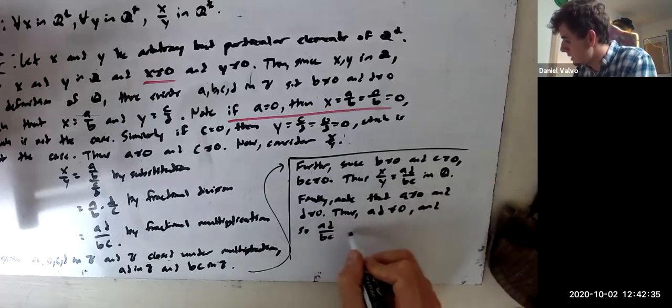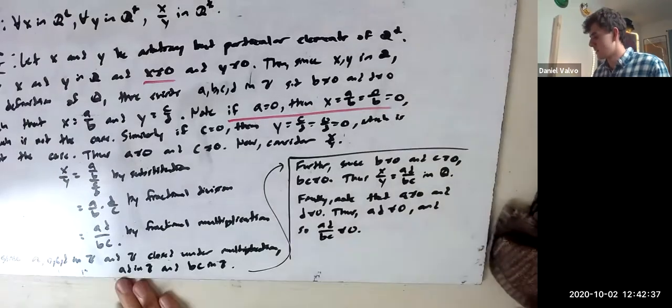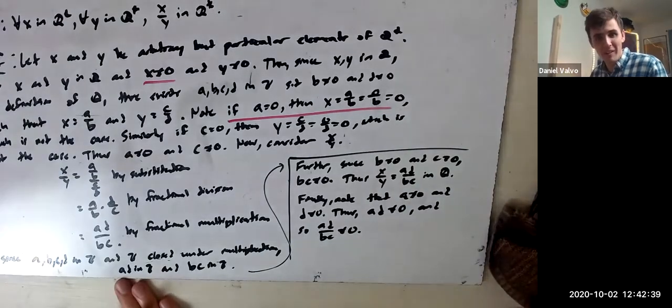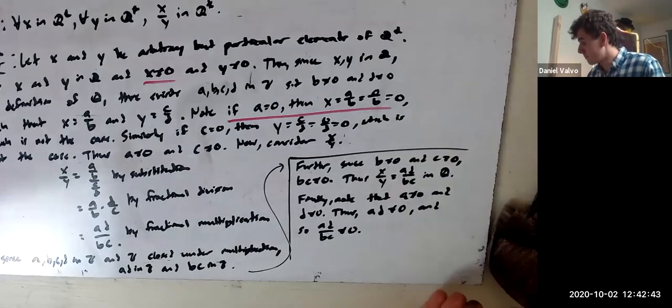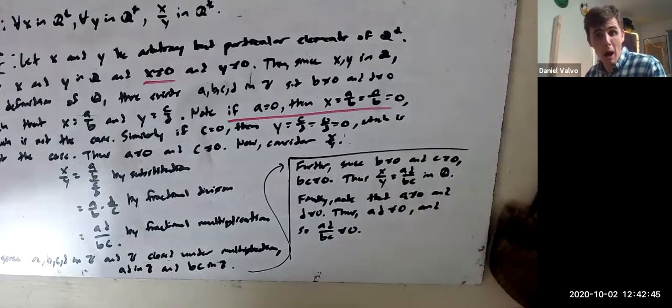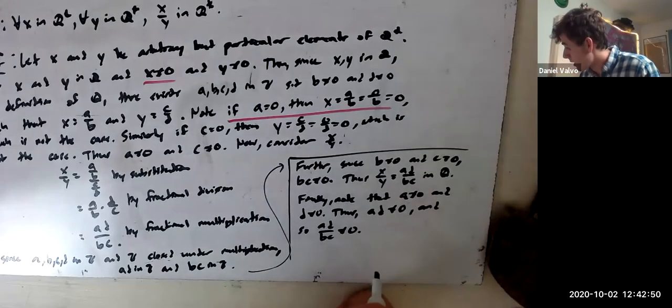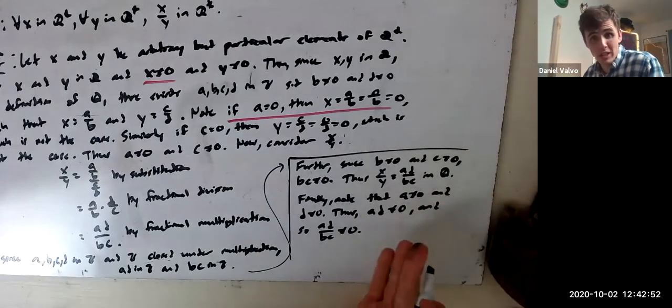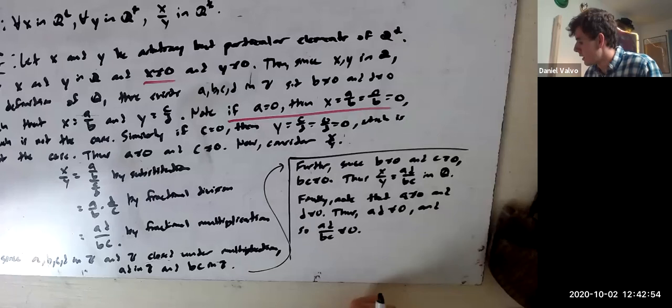And so AD over BC does not equal 0, right? Yeah, I'm comfortable with all this. AD over BC cannot equal 0 because A and D themselves aren't 0. That's the only way you're going to get 0 here.